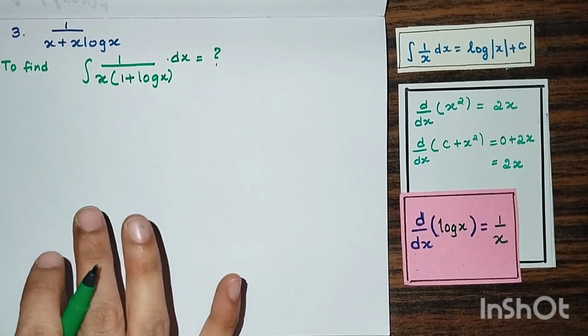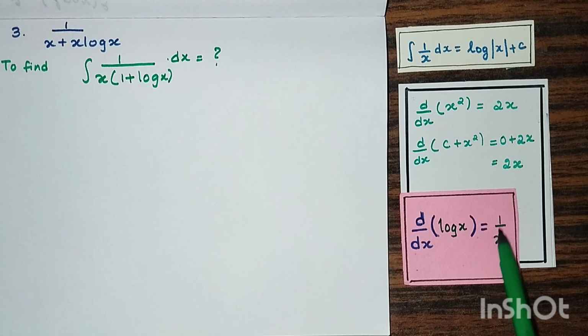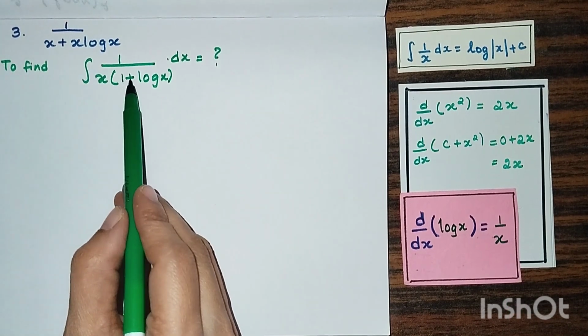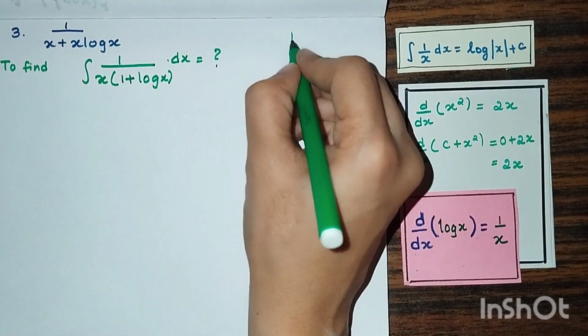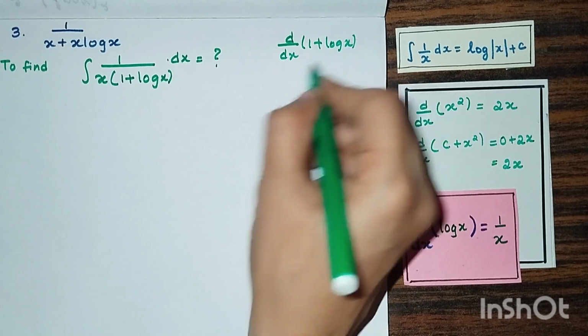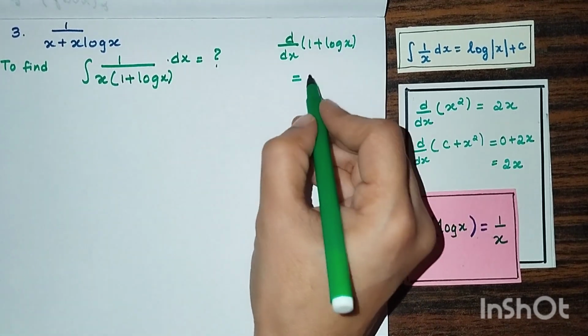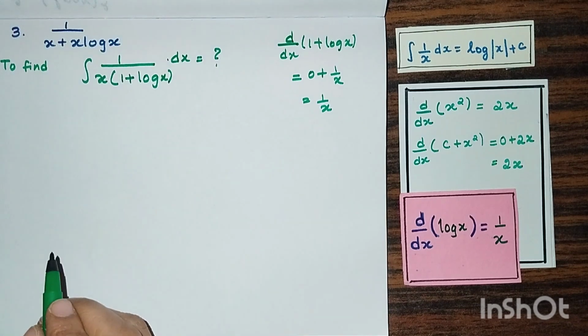Now we will do the substitution method. So we know that derivative of log x is 1 by x. But here we have 1 plus log x. So derivative of 1 plus log x is also equal to 0 plus 1 by x, which is 1 by x.